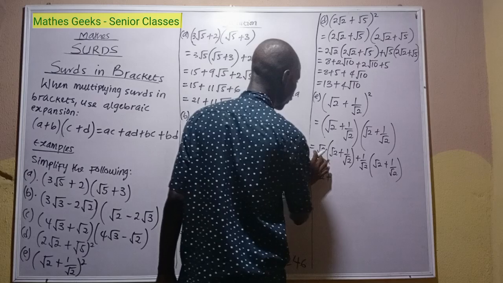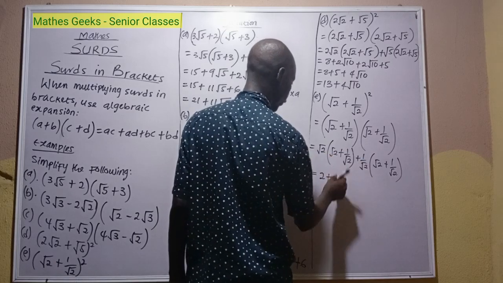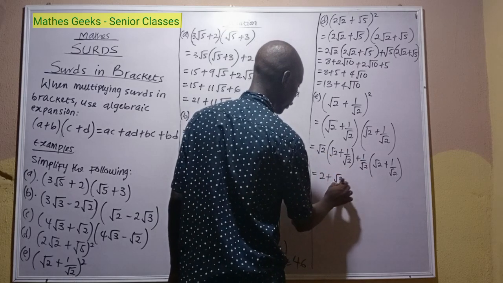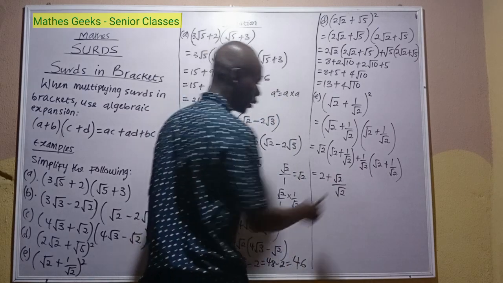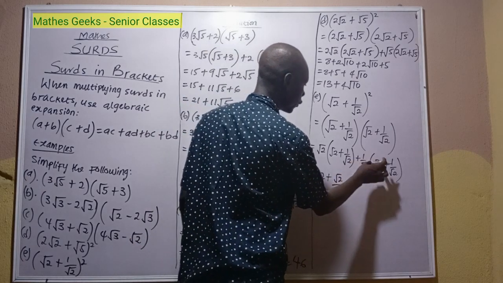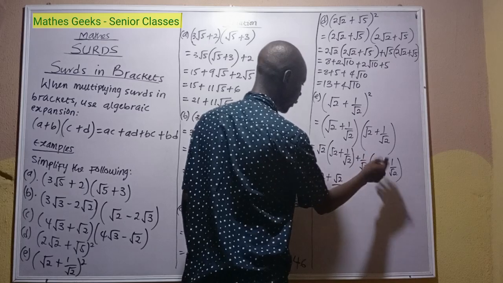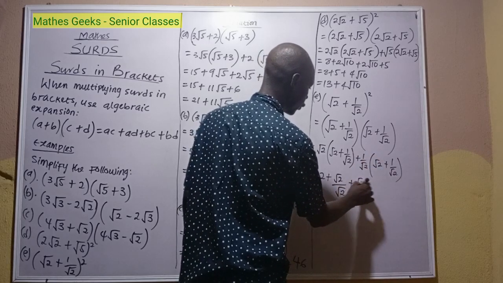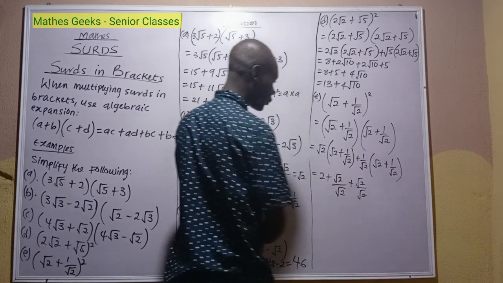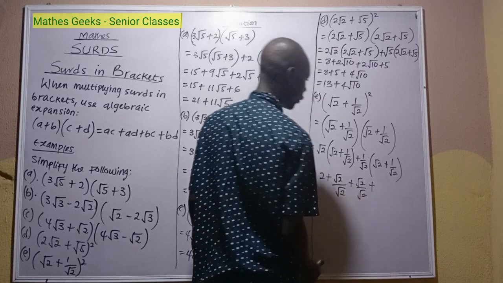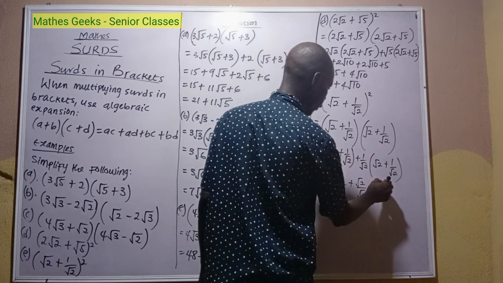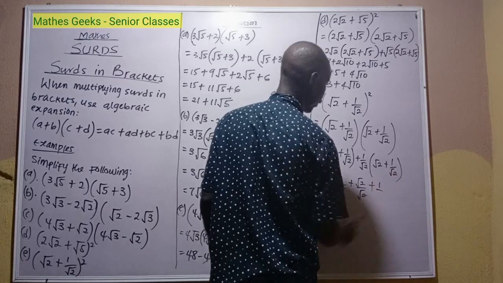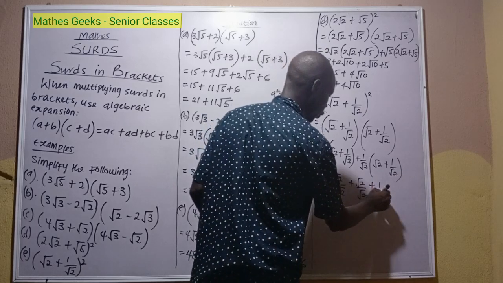So root 2 times 1 gives us root 2 over root 2, and then plus 1 over root 2 times root 2, same thing, gives us root 2 over root 2, and then plus 1 over root 2 times 1 over root 2. 1 times 1 is 1, root 2 times root 2 gives us root 4, and root 4 is equal to 2.